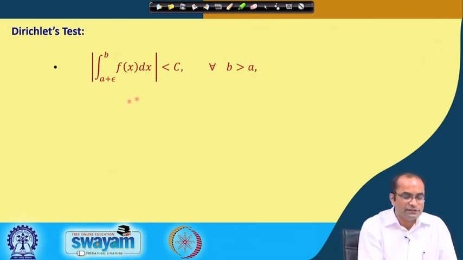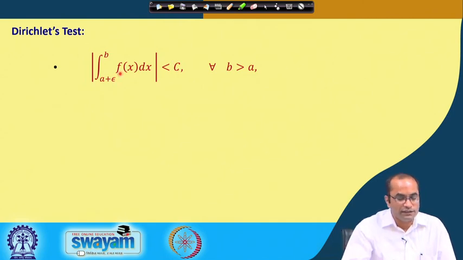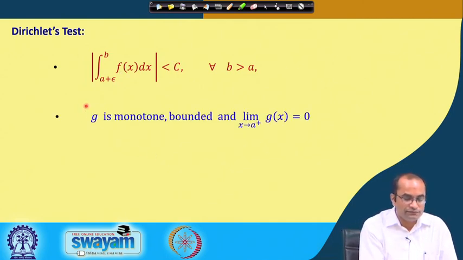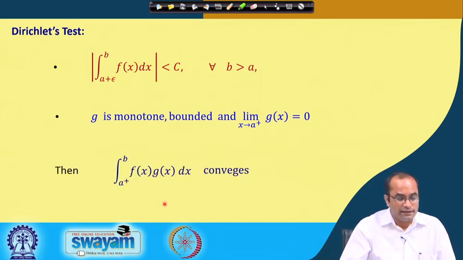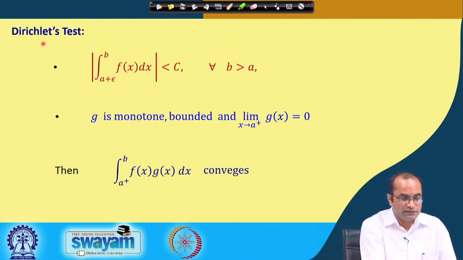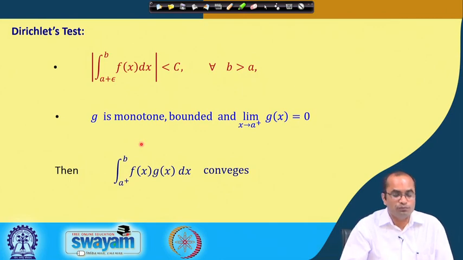If the f integral is uniformly bounded, that means for any b greater than a, we can bound it by some constant for any positive epsilon, and further, if we assume that another function g is monotone and bounded and approaching 0 as x approaches a, then this Dirichlet test concludes that the integral from a to b of the product f(x)g(x) also converges.